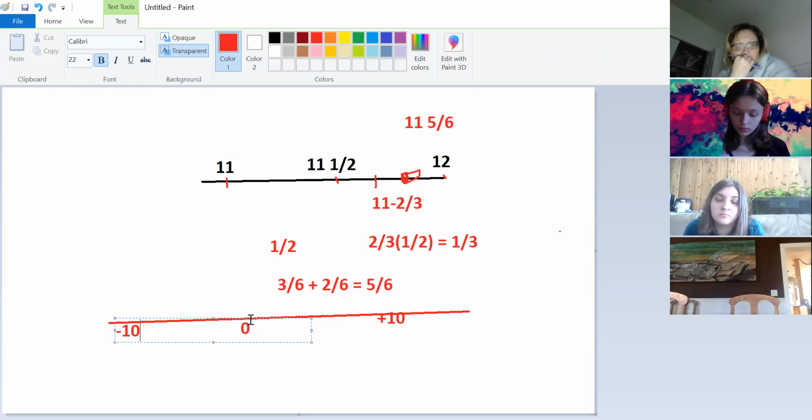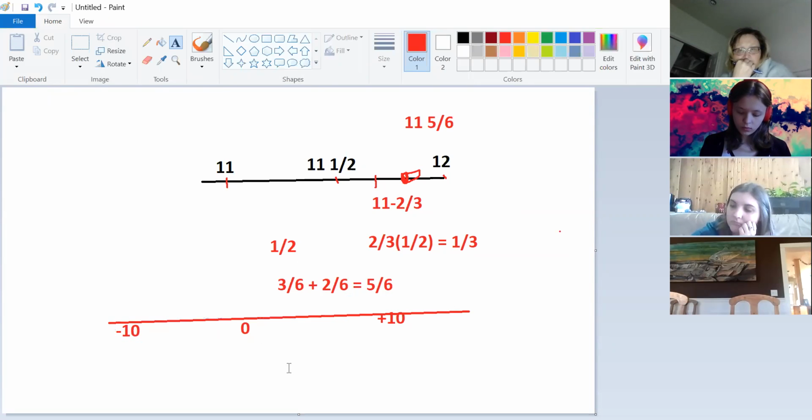This would be right in the middle. Anything going this way is negative, anything going this way is positive. In this part here, we're just breaking a 1 between 11 and 12 into fractions, and it ends up being 5/6. But we'll use this number line to define how to add and subtract numbers too.